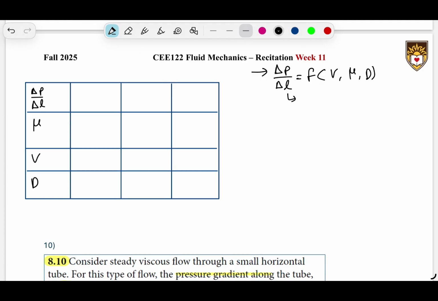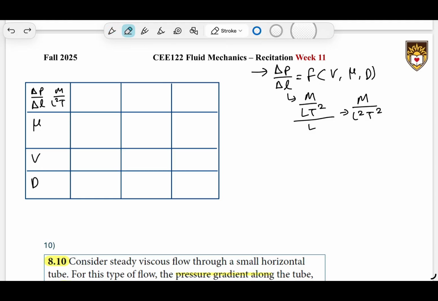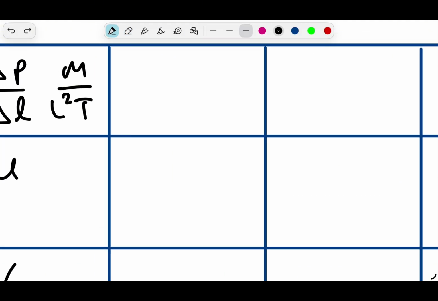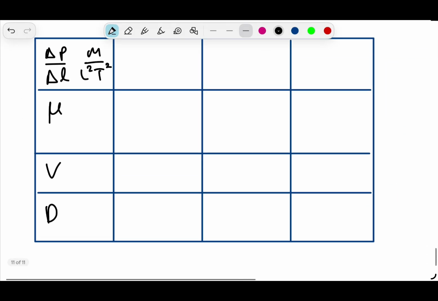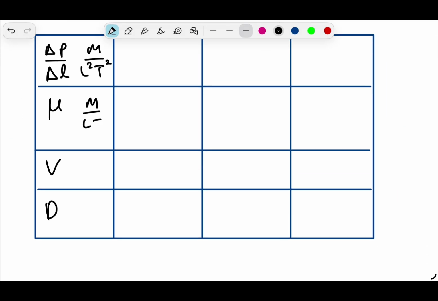So for example, pressure is m over L t square, and we are dividing it by L. So this means we have m over L square t square. For viscosity, again, we have m over L t. We have velocity of L over t, and lastly, again, we have L.